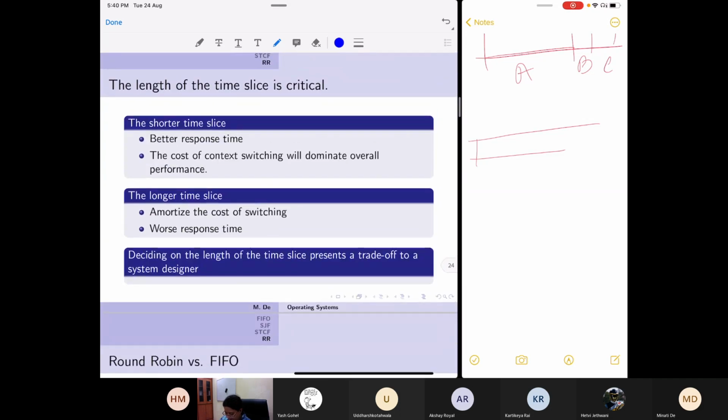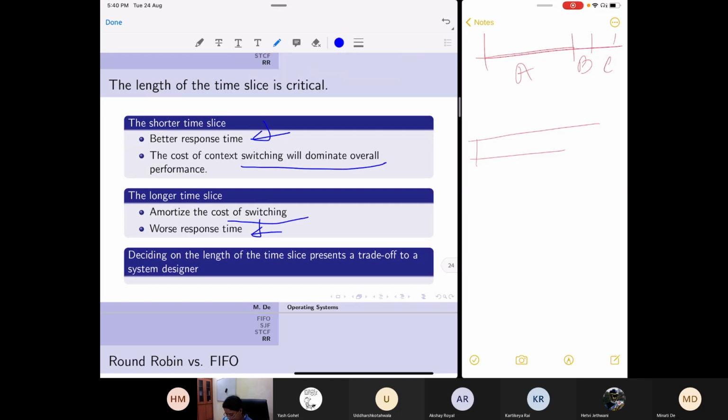Okay. So as I mentioned already, a shorter time slice means better response, but context switch will dominate, right? And a longer time slice means the cost of switching is amortized, which is a good thing, but with respect to response time, it performs very poorly.